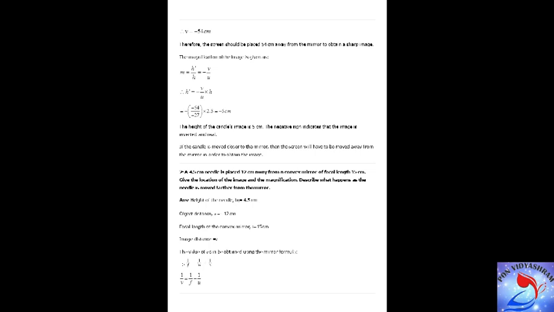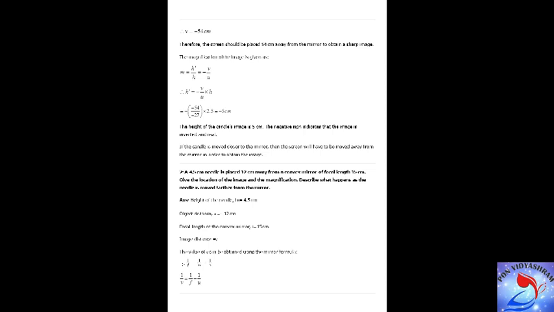Just cross multiplying h to the right hand side, we get h dash is equal to minus v by u into h. When you substitute the values, for v it is minus 54 and u is minus 27, and h, the height of the object, is given in the question as 2.5. When you solve it, we get the height of the candle's image obtained on the screen, that is 5 centimeter.